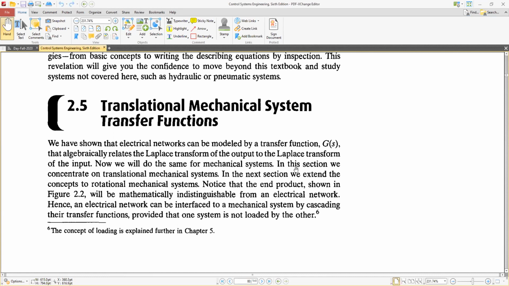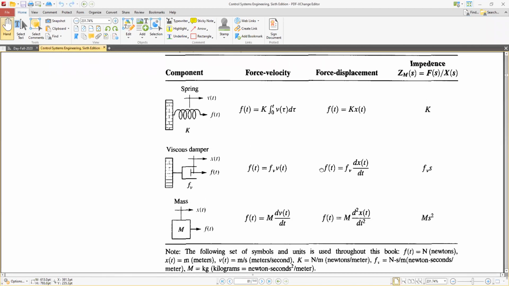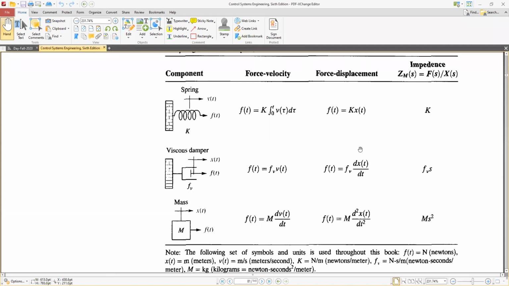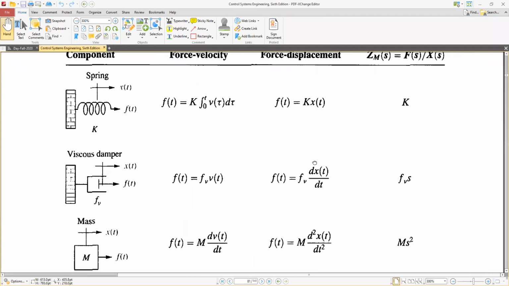Just look at this. What we have seen are three things.